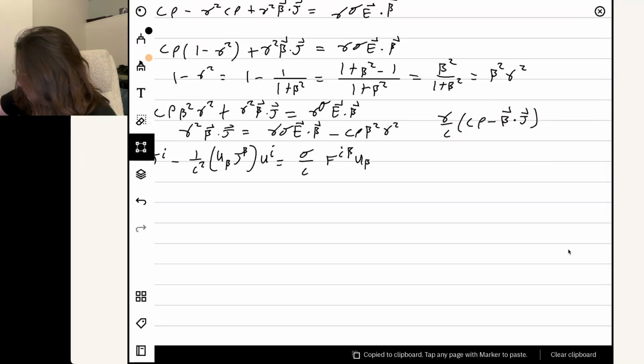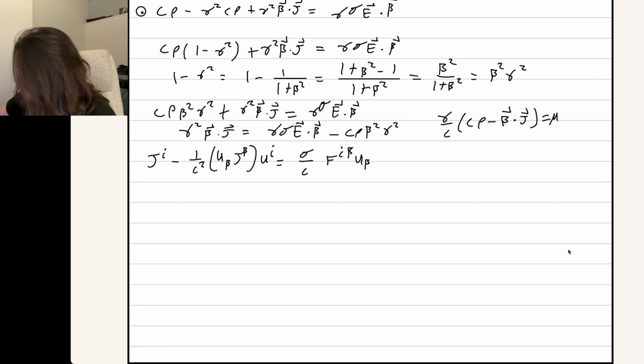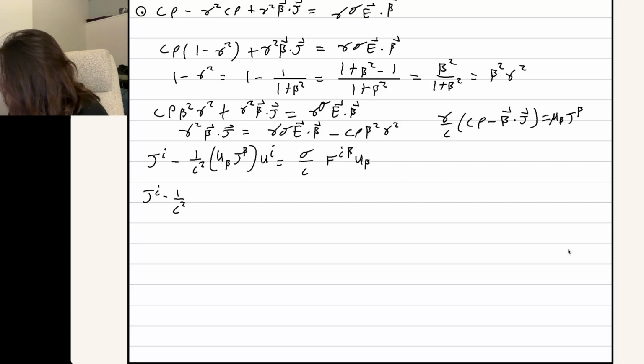That is going to be u beta j beta. So just going to plug that in down here on the left-hand side. We have 1 minus 1 over c squared, and then this is gamma over c. No, because this is already 1 over c squared, so we have just gamma over c, c rho minus beta dot j. And this is u i here.